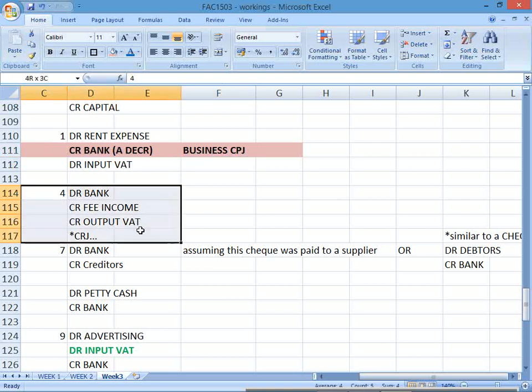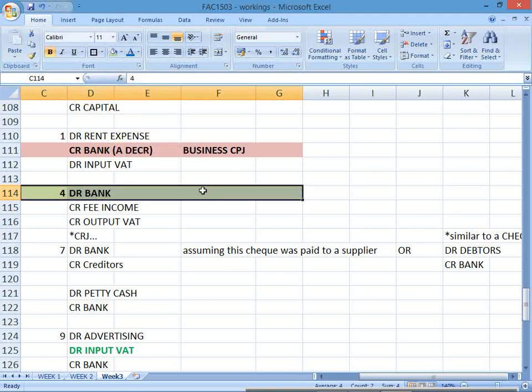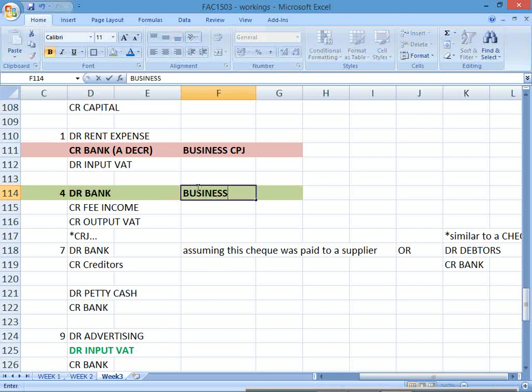Did transaction 4 affect the bank positively or negatively? Positively. So I'm going to highlight that, and you can study it in your notes. We said any transaction that affects the bank positively is going to go into the CRJ, because bank is an asset, and assets increase on the debits.